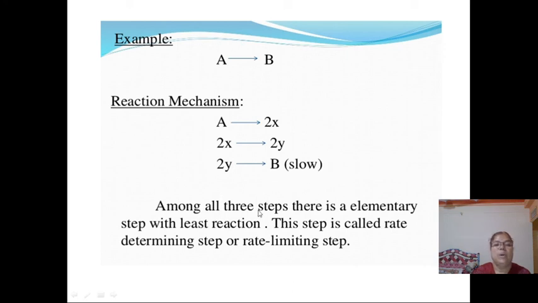That means among all three steps there is an elementary step with the least rate. This step is called the rate determining step or rate limiting step. Remember, when the conversion of reactant into product takes place in a number of steps, the rate determining step is the slow step reaction.